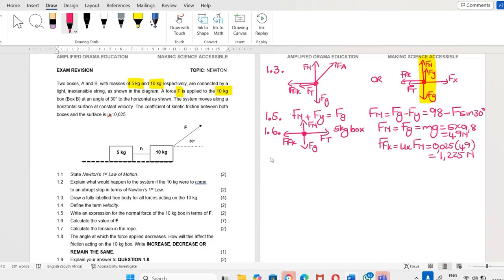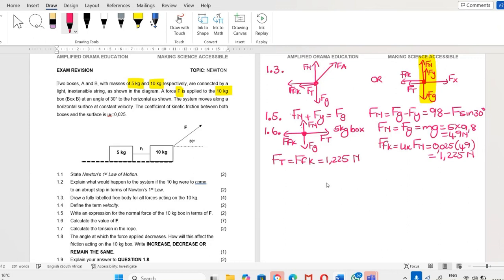But we know that if the system is moving at a constant velocity, then the tension that the 5 kg box is experiencing should be equal to the kinetic friction on that particular box. So Ft is equal to Ffk, which is equal to 1.225 newtons.